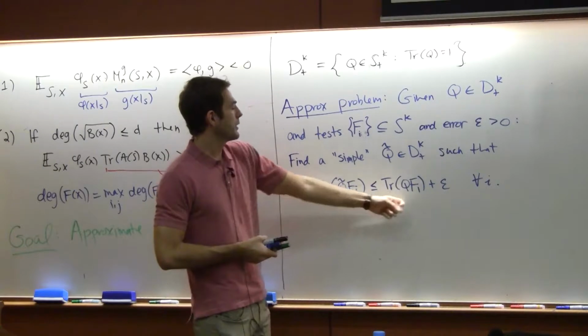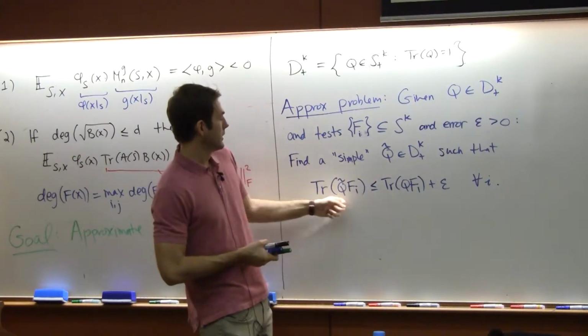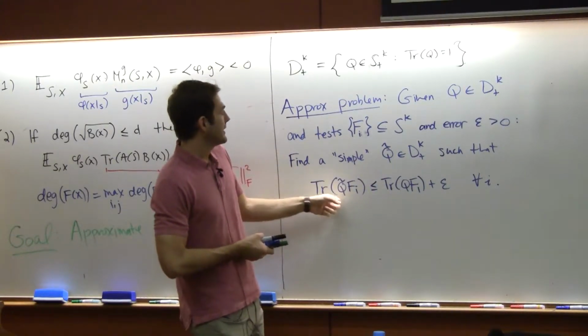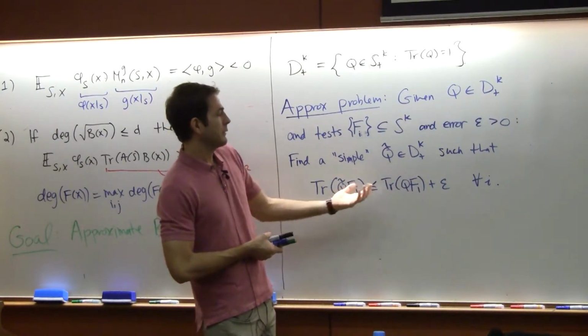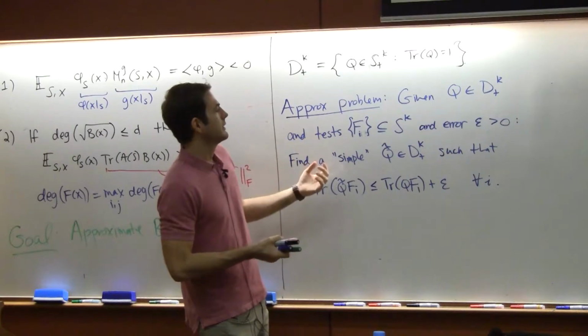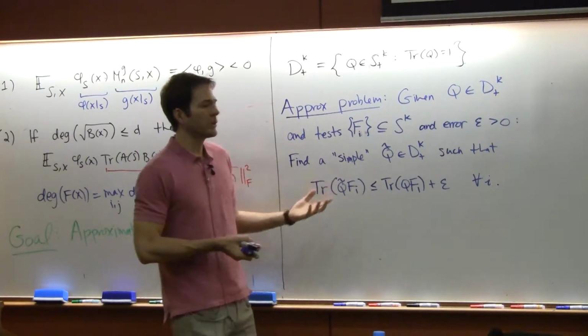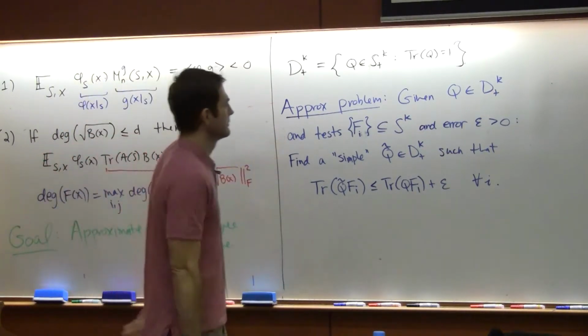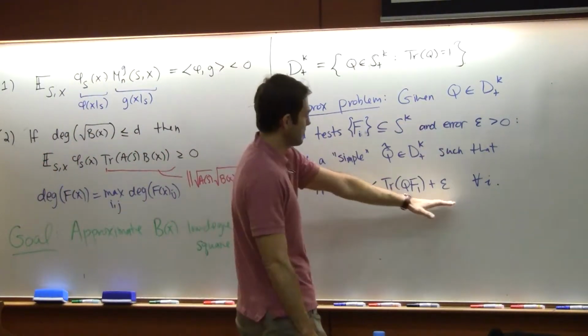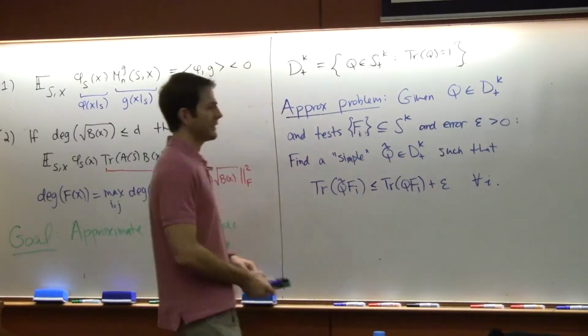Obviously we can have Q tilde equal Q, but since we're only requiring similar behavior on this set of tests, which might be very special, it makes sense that we could construct a Q tilde which is nicer than Q. So we're putting fewer requirements on. It doesn't have to be Q, it just has to be something that does as well in the test as Q.